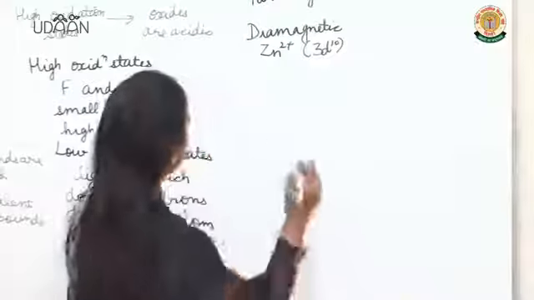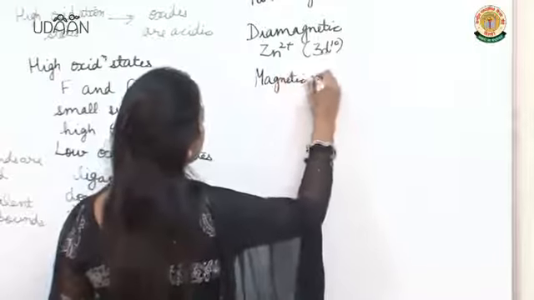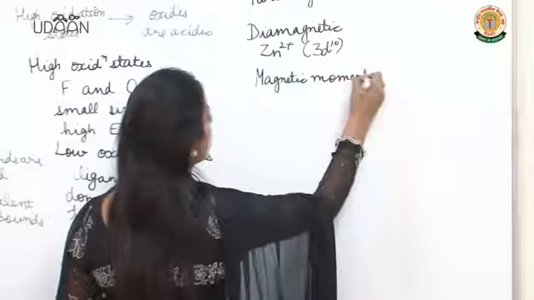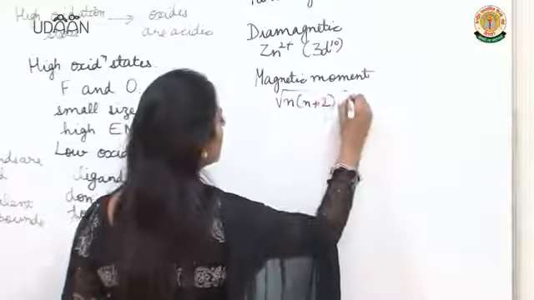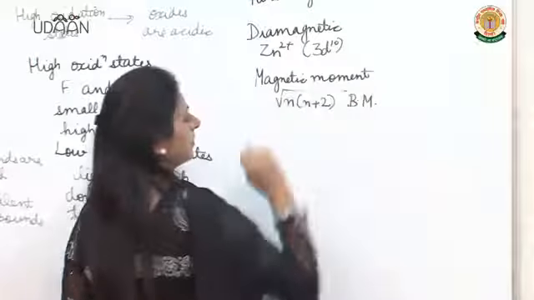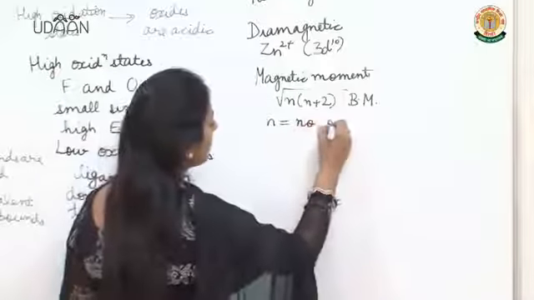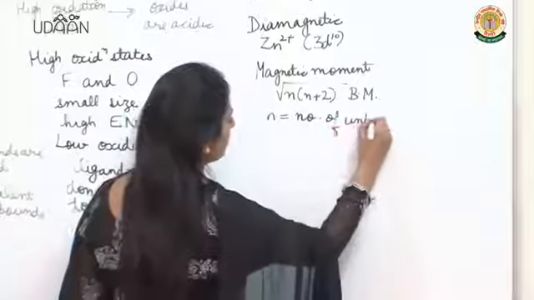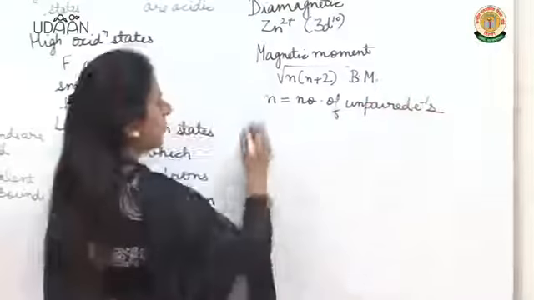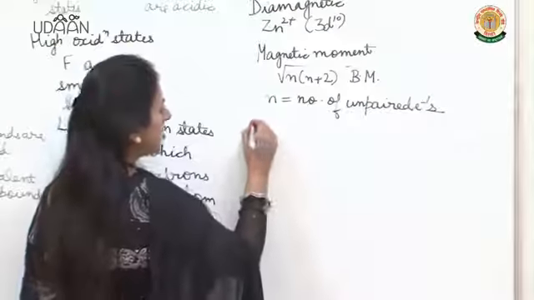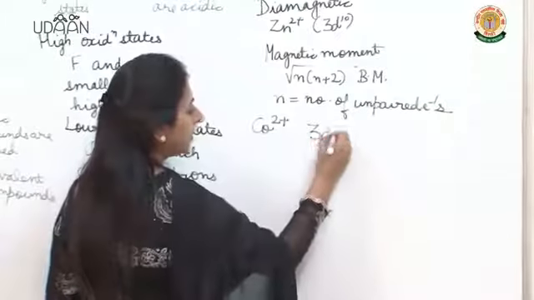Now if I have to calculate the magnetic moment, how will I calculate it? The formula will be under root n into n plus 2 Bohr magneton, where n is the number of unpaired electrons. So if I have to calculate the magnetic moment for cobalt 2+, it is 3d7.